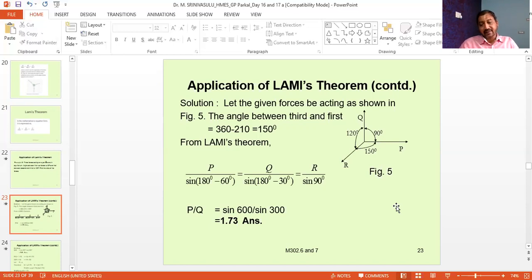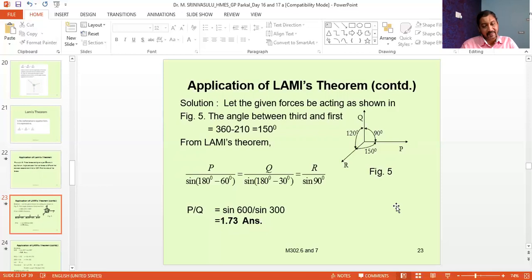Now the forces are shown and also the angles are given. According to Lami's theorem, we know that P by sin 120 is equal to Q by sin 150 is equal to R by sin 90.